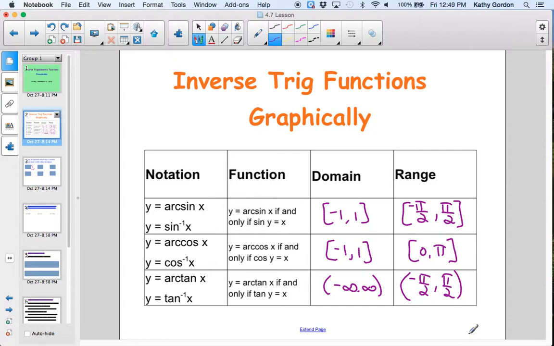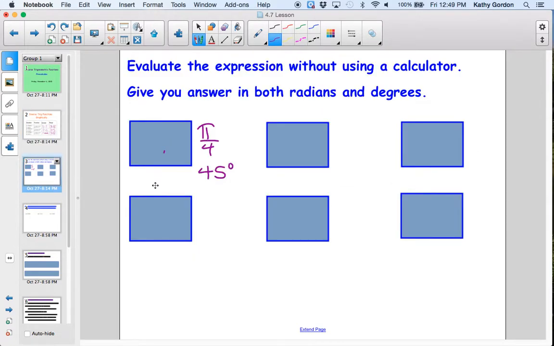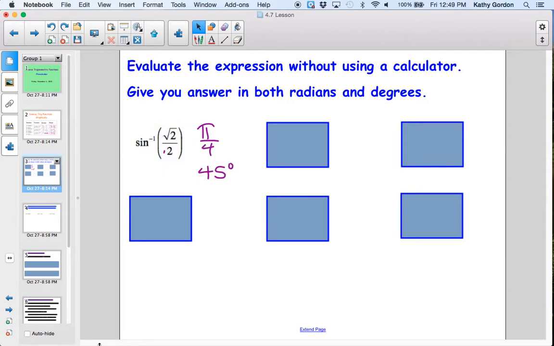I can only use the positive pi over 4 or positive 45 degrees. That's the only one that's within the negative pi over 2 to positive pi over 2 range that we said we were allowed. Okay? Make sense? All right, let's try another one.